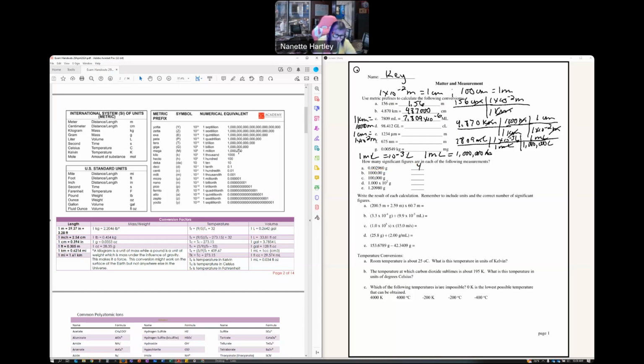And the other thing that I can do is I can enter 0.002960 on my calculator. And then I can say mode, scientific, and then quit that. And then enter that again, and that gives me 2.96 times 10 to the minus 3, right?